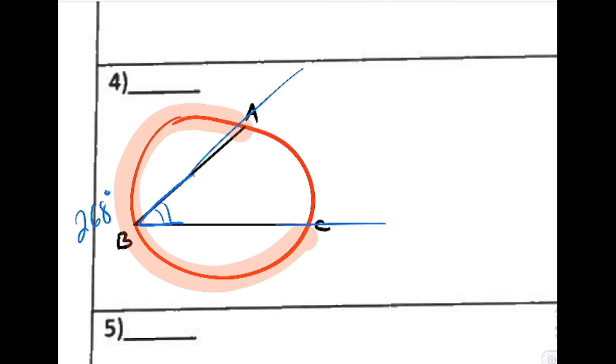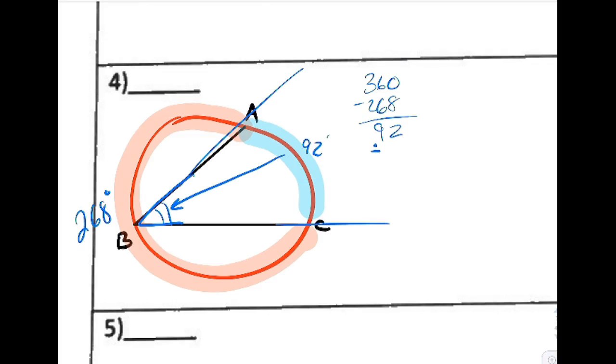Well, angle ABC is related to this arc. The entire circle is 360. If you take away 268, you get 92. This arc is 92. That's inscribed, so that angle is going to be half of 92, which is 46.